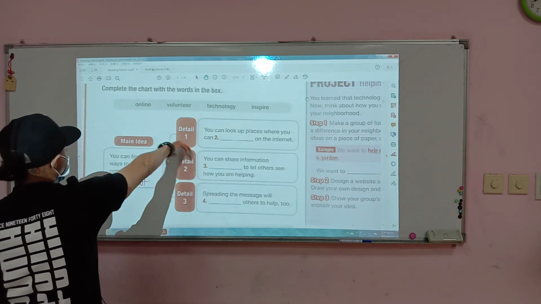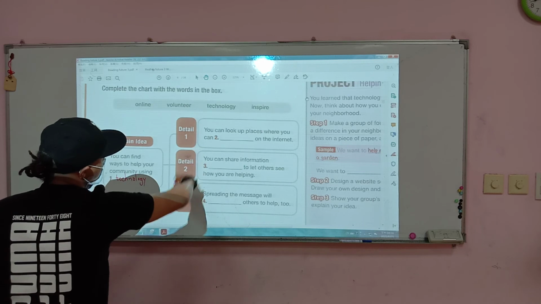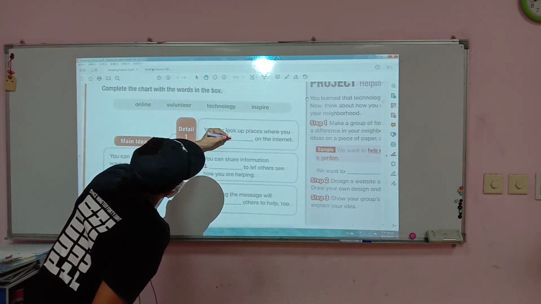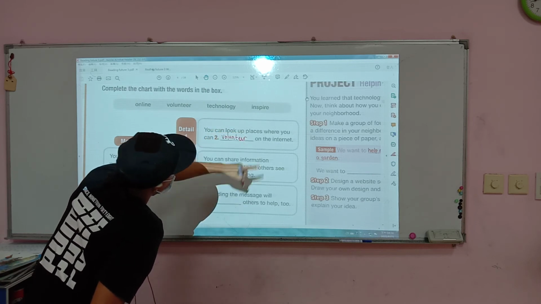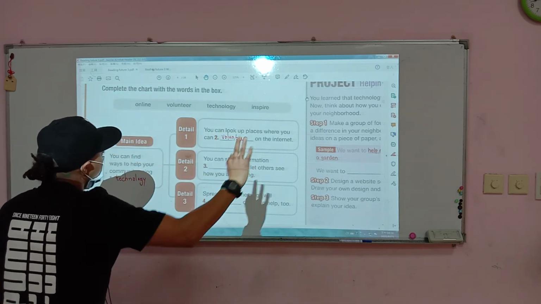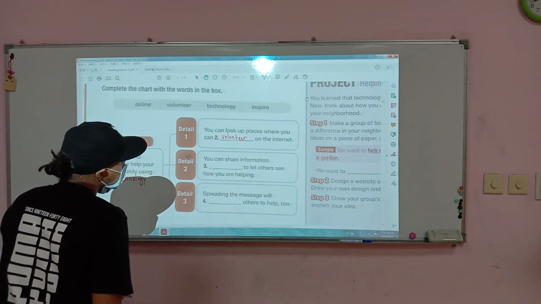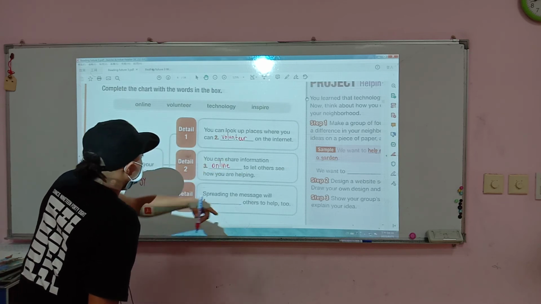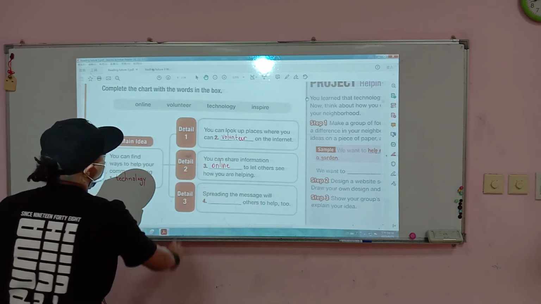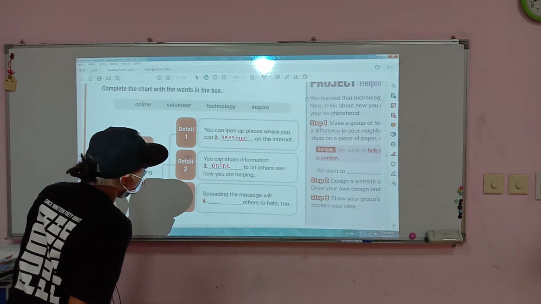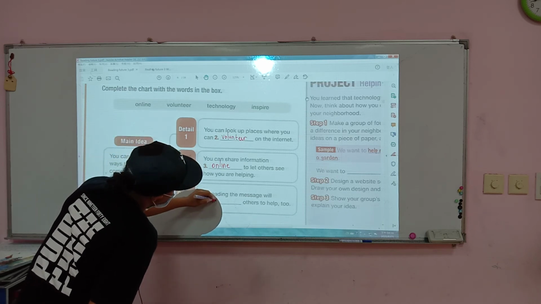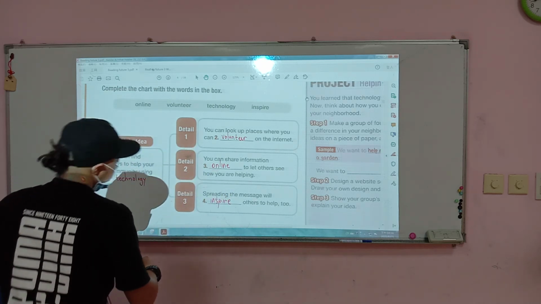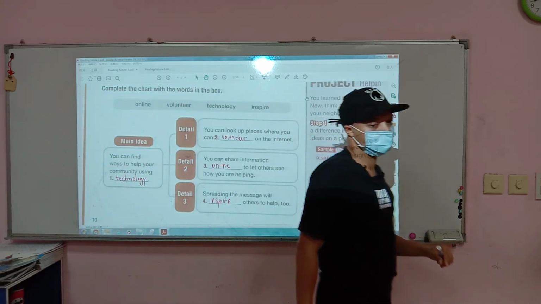So which ways can we do this? Detail 1. You can look up places where you can volunteer on the internet. 3. You can share information online to let others see how you are helping. And the last one, spreading the message will inspire others to help too.